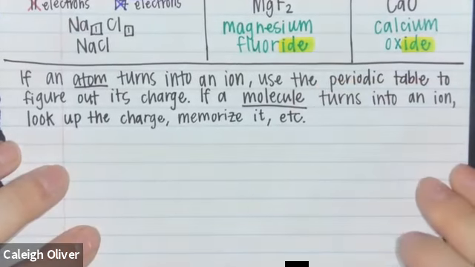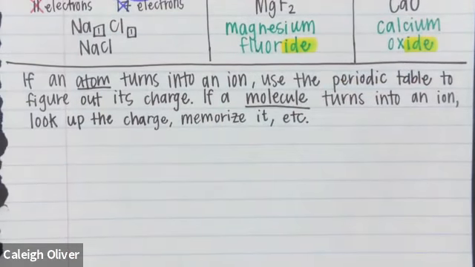Most of the time, if you don't know the charge, you just have to Google it. But the ones that I gave you on the flashcards are the most common 12 or 13 ones that you see over and over again.